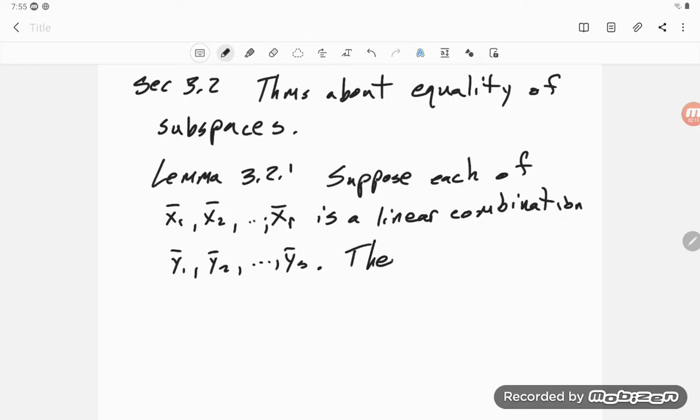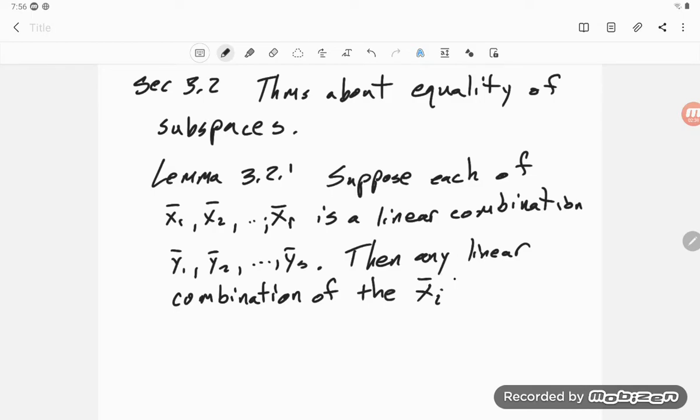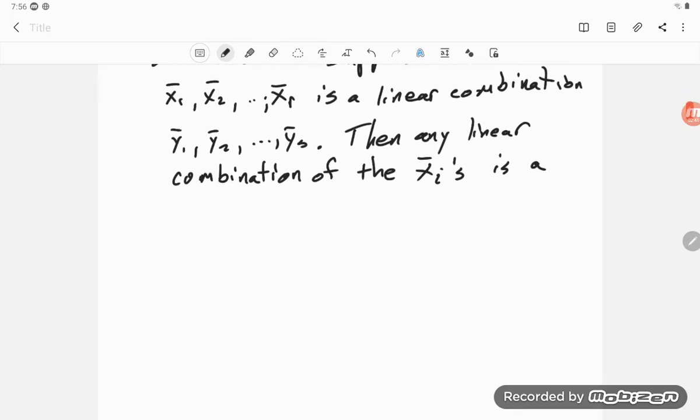So then, if this is the case, then any linear combination of the xi's, so x1 through xr, is a linear combination of the y's.